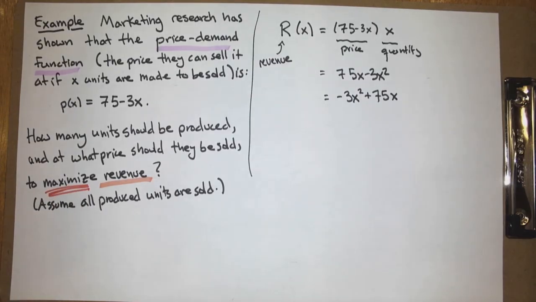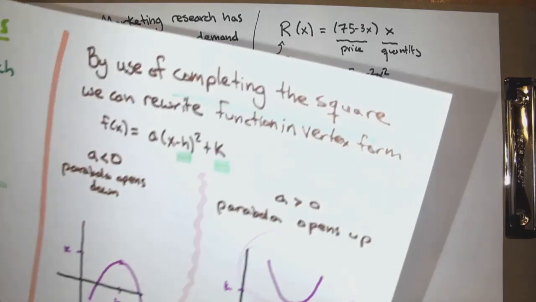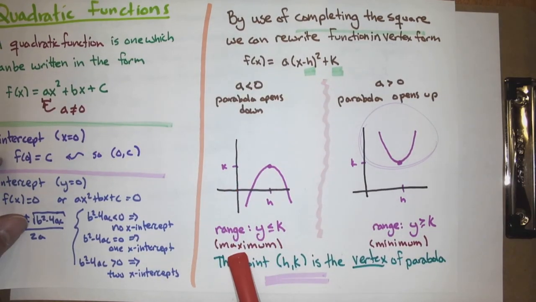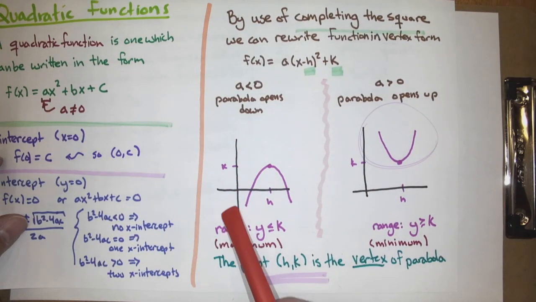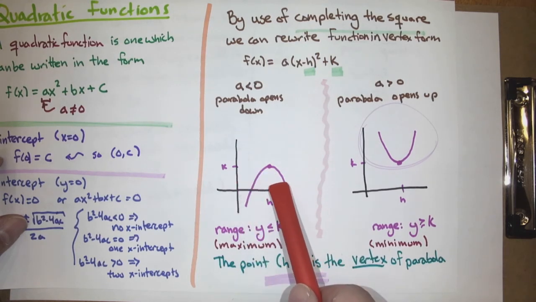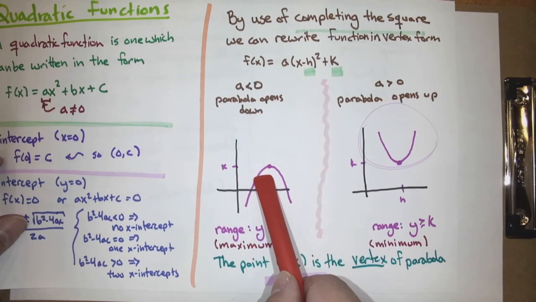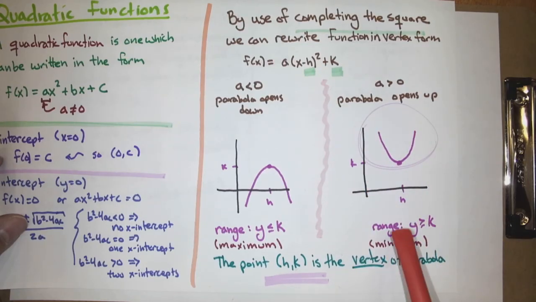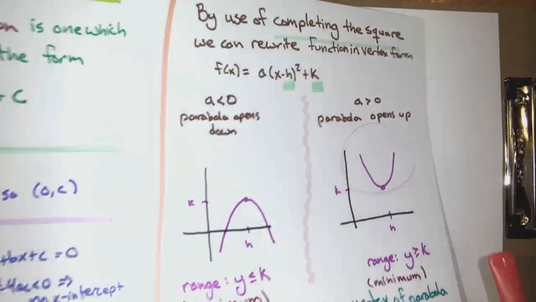Now, if we go back to our lecture slide, way back from a few minutes ago, there was a word we kind of glossed over, which is the maximum and the minimum. If we have a parabola that opens down, the maximum occurs at the vertex. If we have a parabola that opens up, the minimum occurs at the vertex.